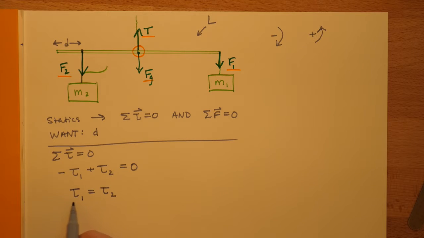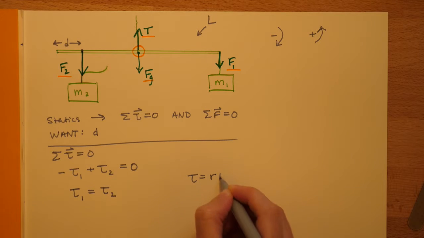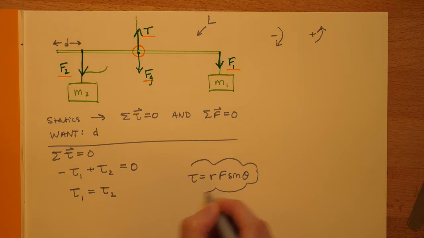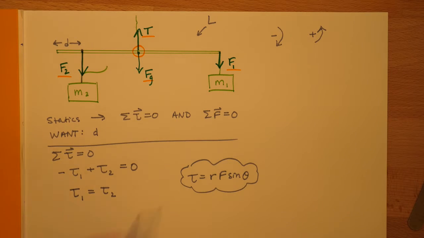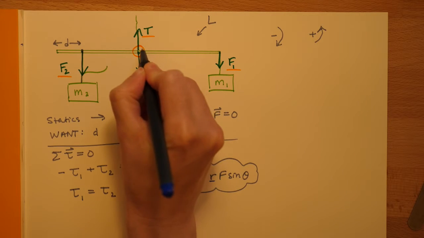So what's the torque at point 1? Well, we know that torque is R F sine theta. We already took care of the sign. We know if this is plus or minus. What's the angle between R and F? Well, the R goes from the pivot to the point where the force is applied.